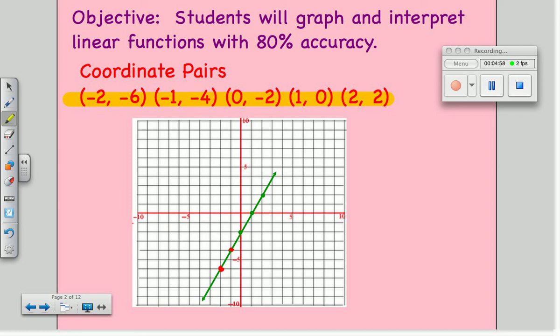Then 0, negative 2. 0, negative 2 is here. 1, 0 is here. 2, 2 is here. And we have our line. So this is the line for y equals 2 times x minus 2. That was our original equation. When I graph this equation, this is the line I get. Okay?